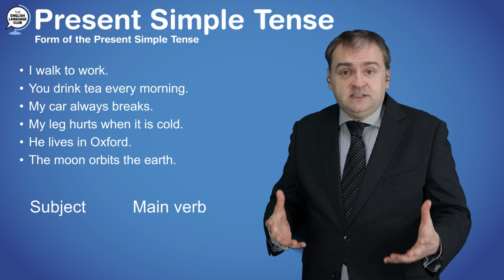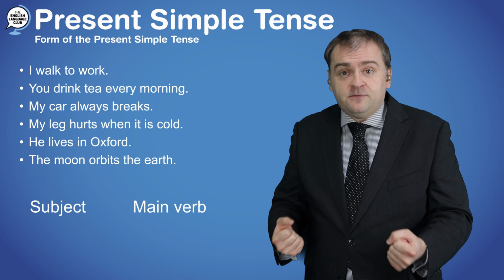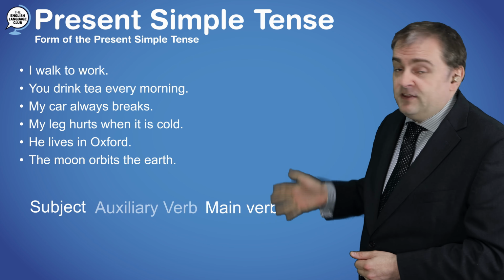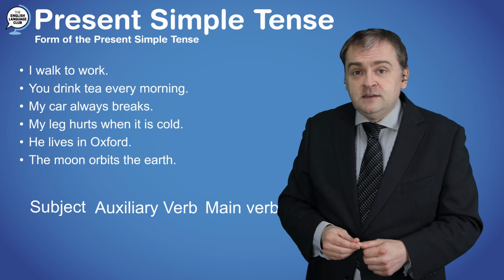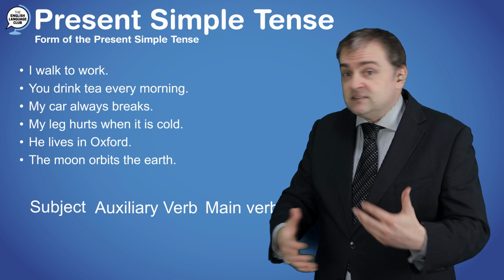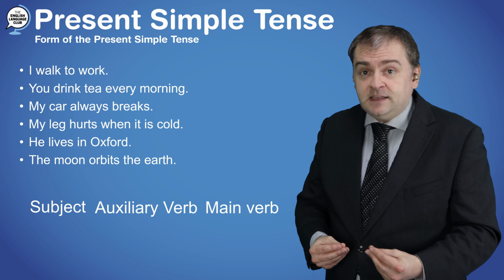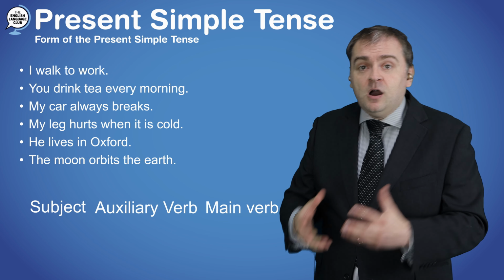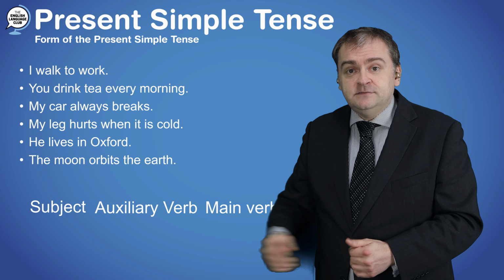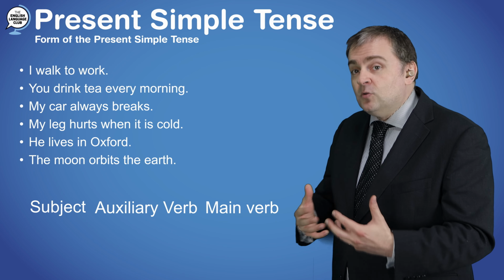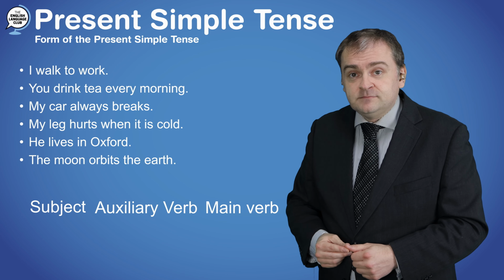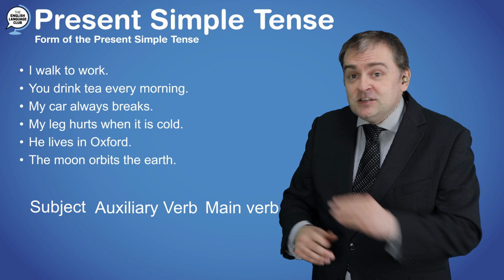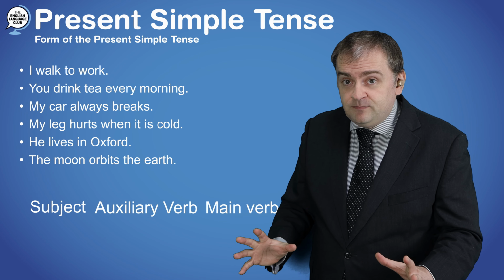To make a positive sentence, we normally have the subject, then the auxiliary verb, and then the main verb. If these examples were present continuous, we would say, I am walking to work. You are drinking tea. My car is always breaking. Using the auxiliary verb is the normal structure.